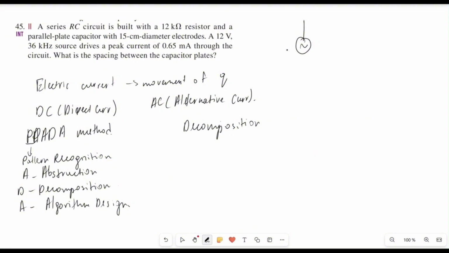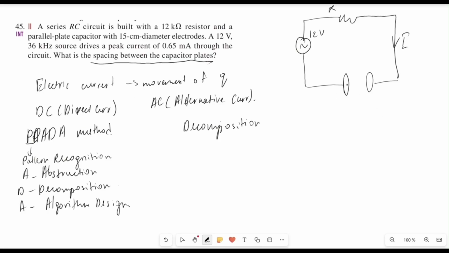We have an alternating source of 20 volts, we have a plate and there is a resistor and the current goes. We need to find the spacing between the capacitor plates, so actually this distance. The resistor, current, and voltage are known.